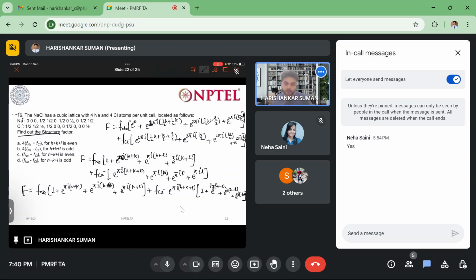Okay, understood. And we know exponential to the power, yes or no, exponential to power minus n pi equal to pi. Let's say n multiplied by n.